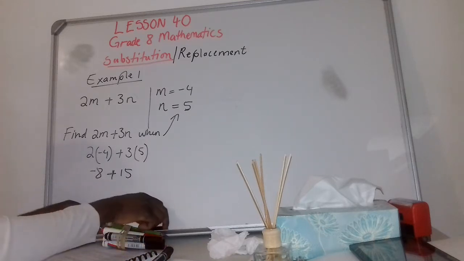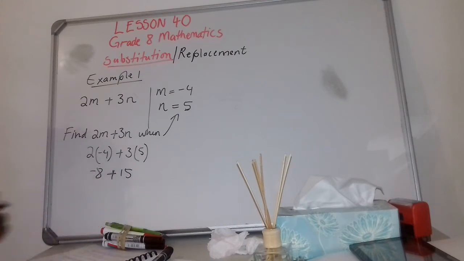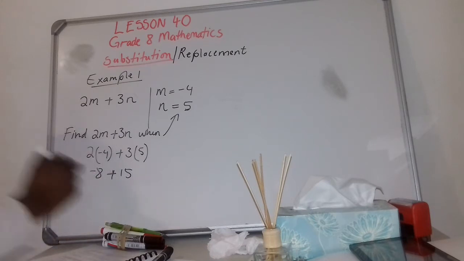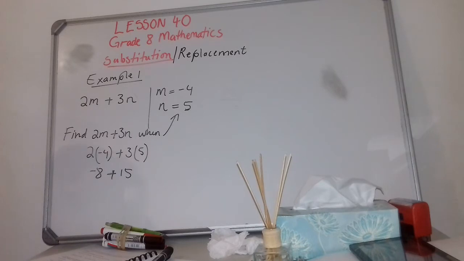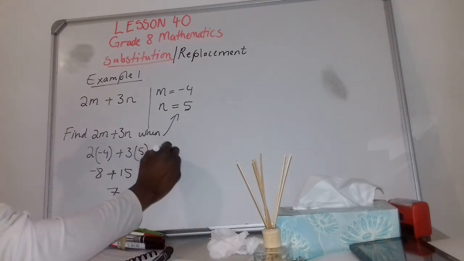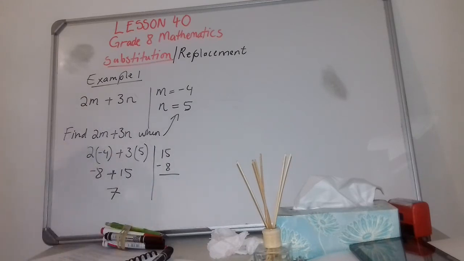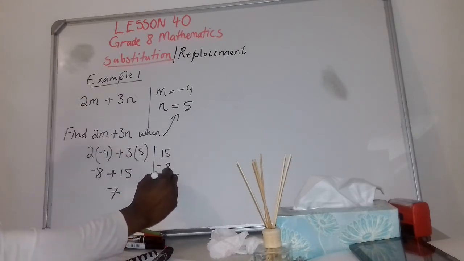So this -8 plus 15 will simplify to positive 7. So the answer will be positive 7. This is like 15 minus 8, and 15 minus 8 will give you positive 7.